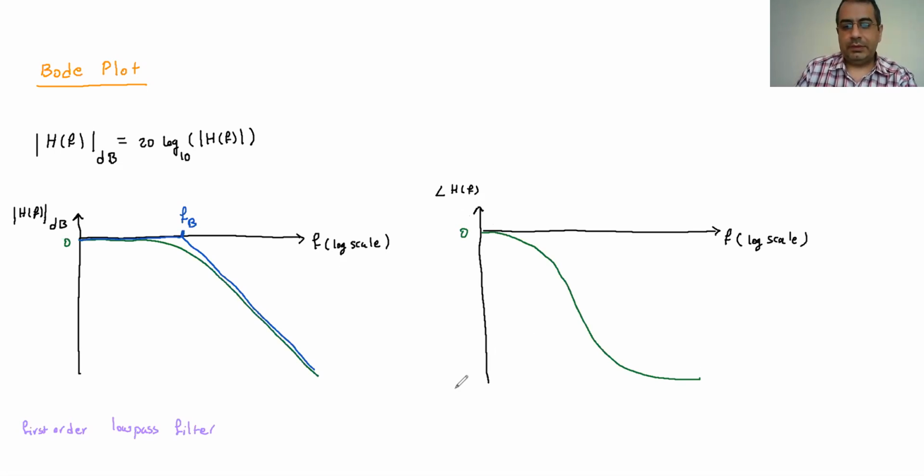So down here eventually we get close to negative 90. And this one can also be estimated with the horizontal line.